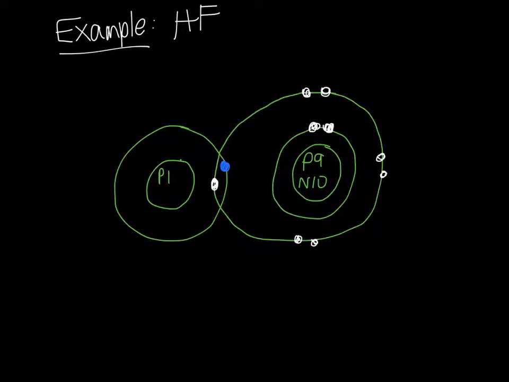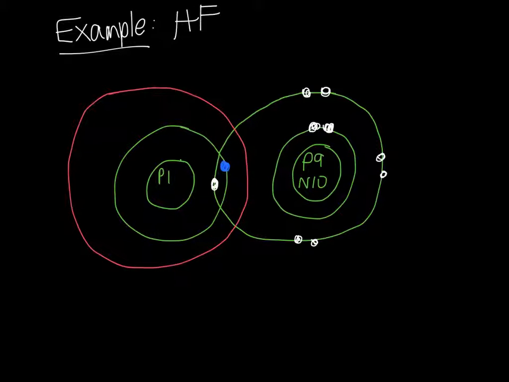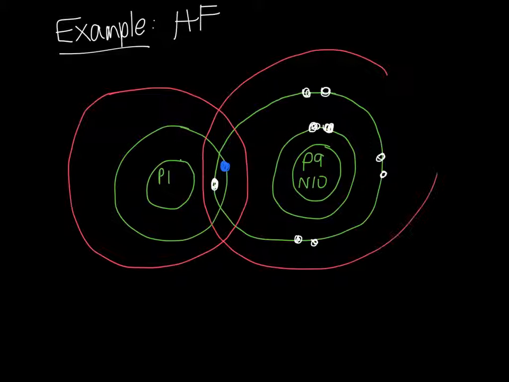When you look at these two atoms and how they have come together to share electrons, the hydrogen can now feel like it has 2 electrons, these 2 right here, and 2 electrons in that outer shell makes it full, and the fluorine now feels like it has 8 electrons in the outer shell. 2, 4, 6, 8.